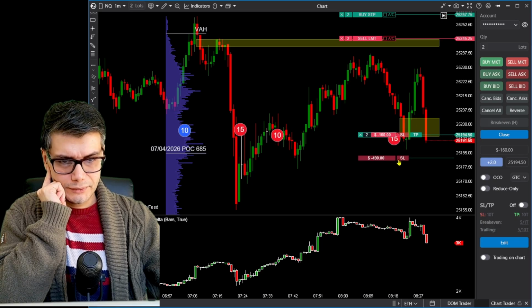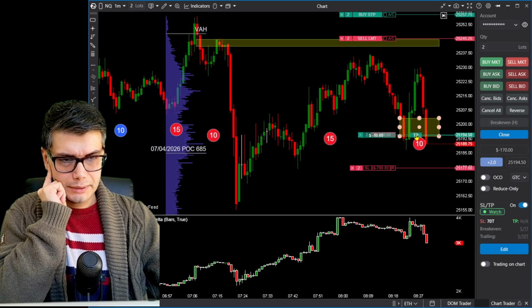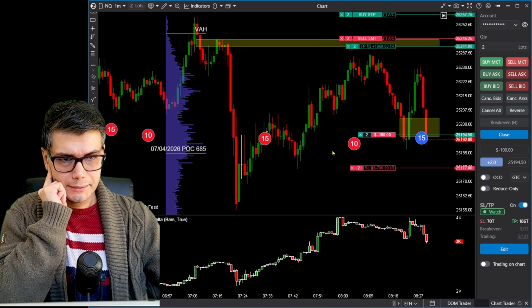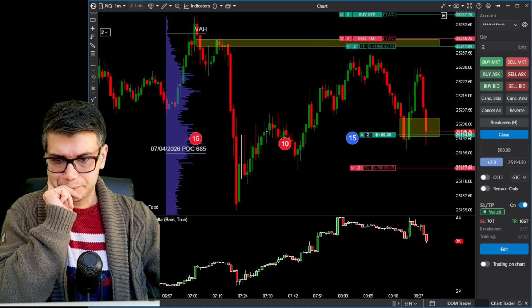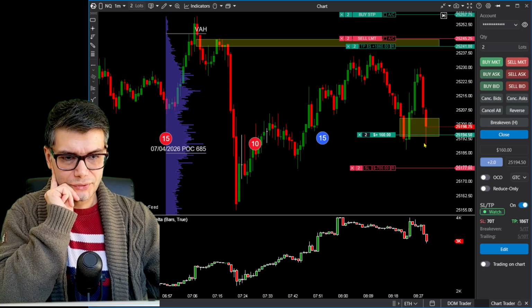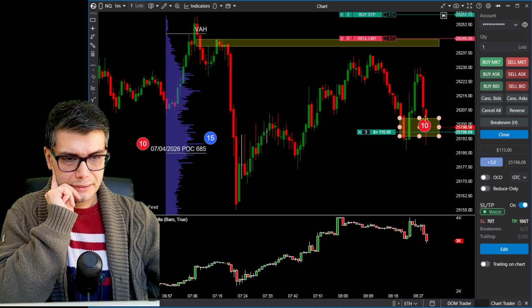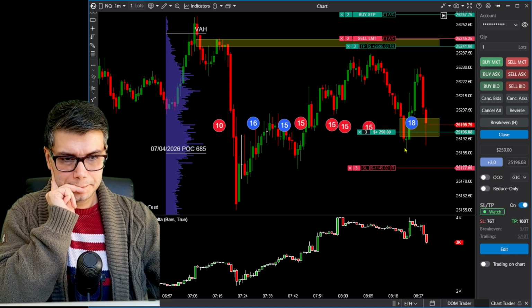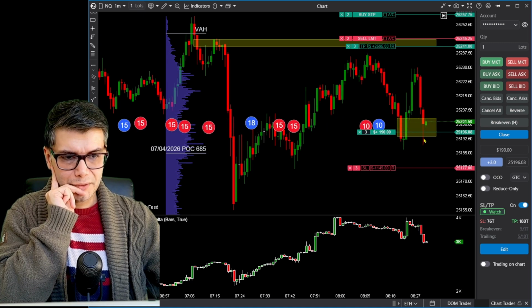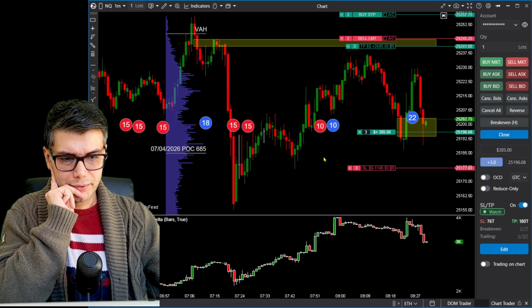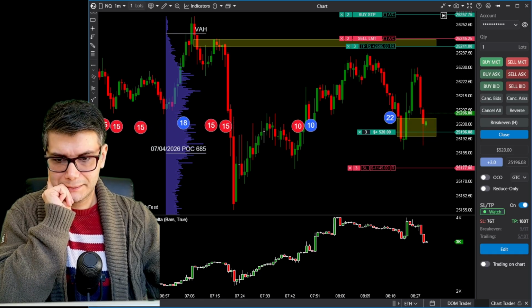I would like to leave the stop a bit lower, leave the TP at the same area. The setup is still valid. It just tailed. You see that? Now I can do one contract again at the same level, because we have that tail. A lot of buy orders, a lot of orders are coming in actually.